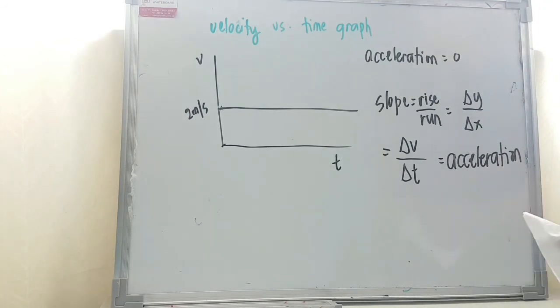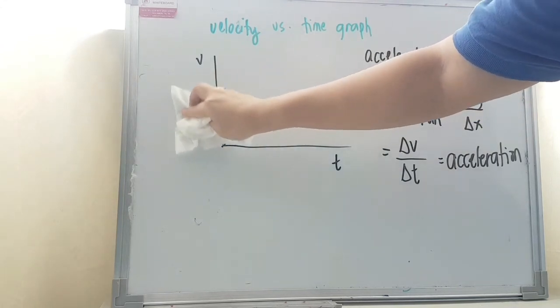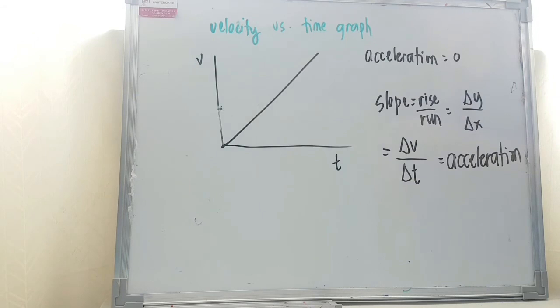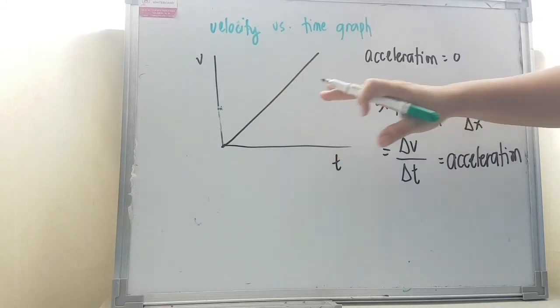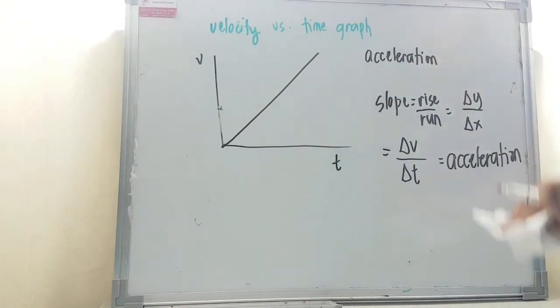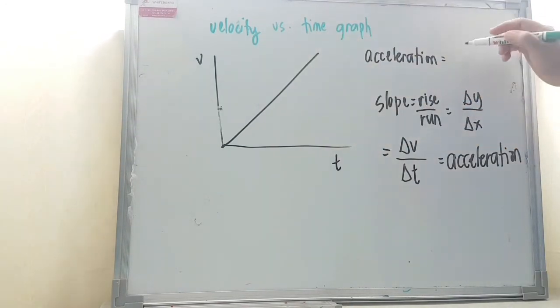For the second situation that we had, a graph that looks like this one. So this time we have a slope. And that slope again is the acceleration. So what can you say about the slope of this graph or the acceleration of this one? The acceleration this time is no longer 0, but it is a constant acceleration.